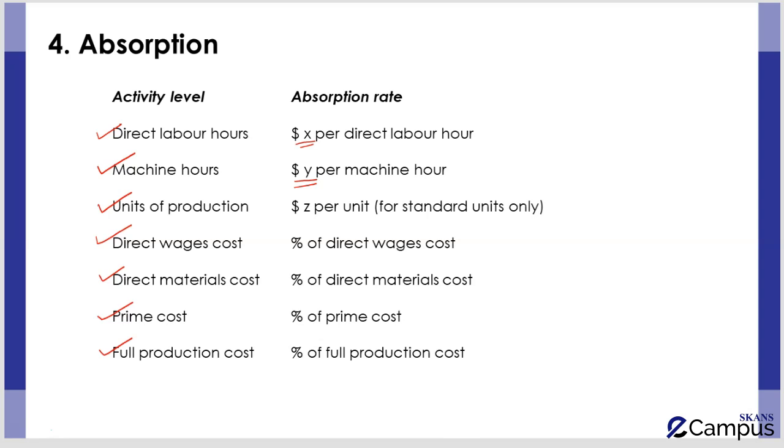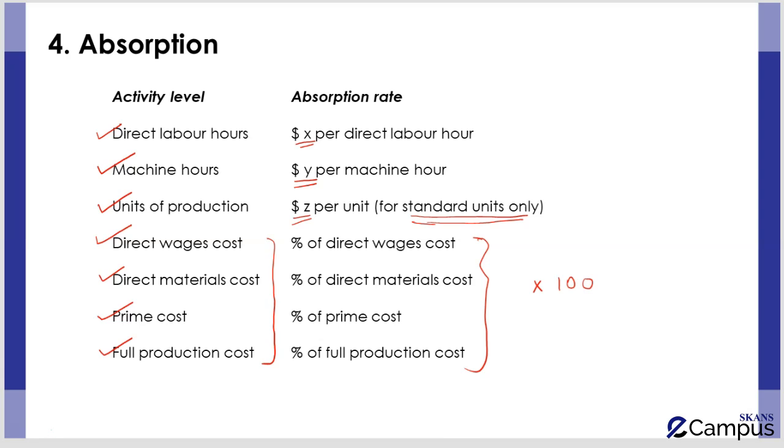For units of production, we calculate the rate, which is called Z dollar per unit, for standard units only. Remember guys, for the standard units only. But when we have these four costs as an activity level, the additional thing we do in the formula is multiply it by 100, because the formula contains cost in the numerator and denominator as well.